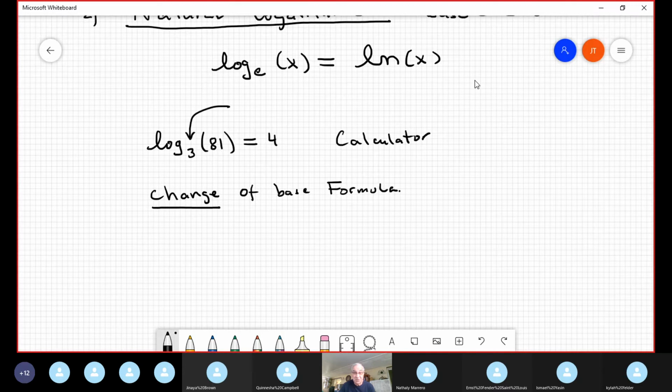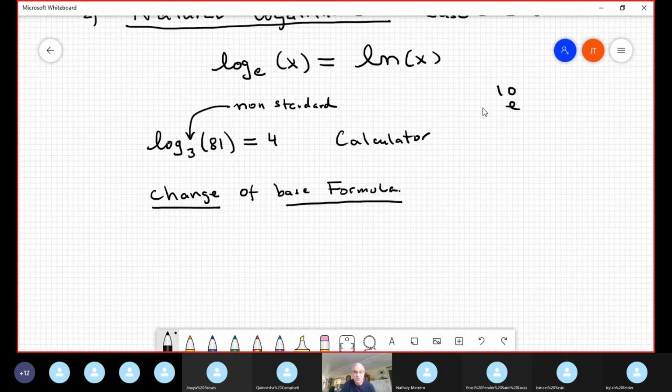This is a non-standard base, which is 3. It's weird, can the calculator have base 3? No, it's impossible. The regular calculator has base 10 or e, natural or common. So I can use the change of base formula.